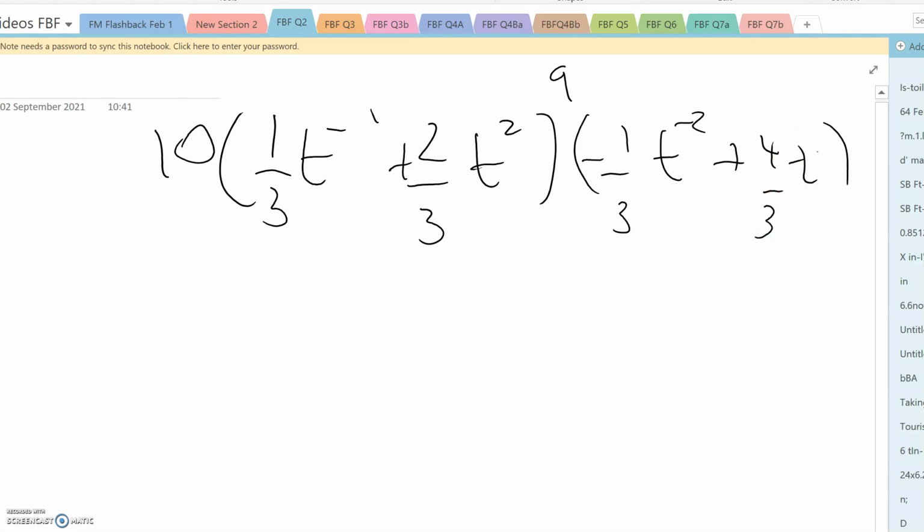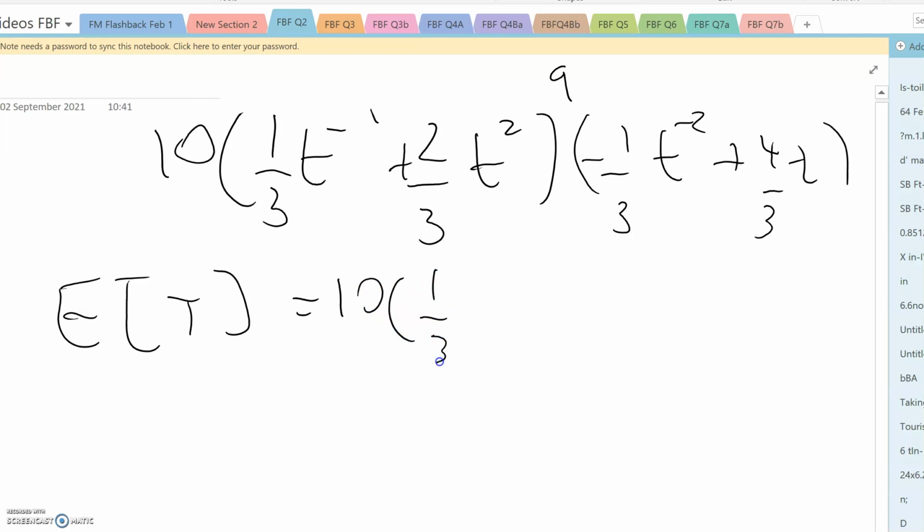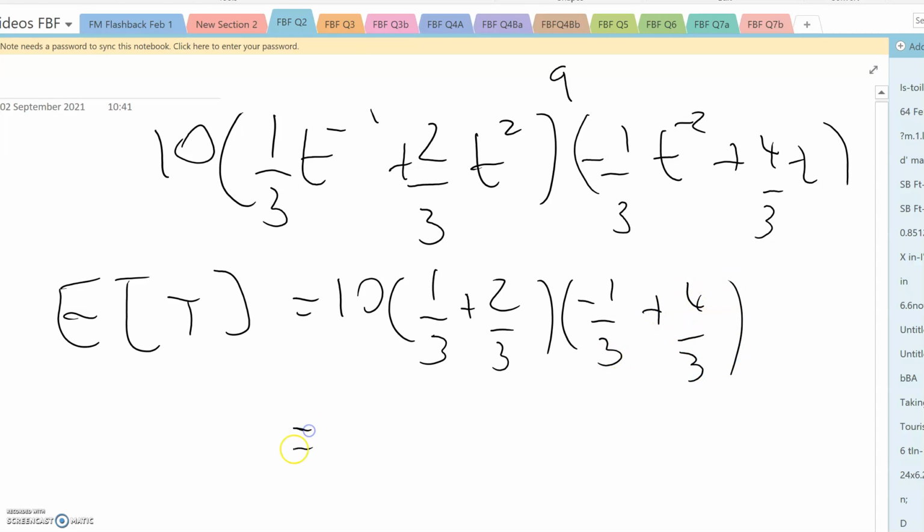Then we sub in 1, and we get 10 times (1/3 plus 2/3), and the second bracket gives -1/3 plus 4/3. So both brackets reduce to 1, and E of T is equal to 10.